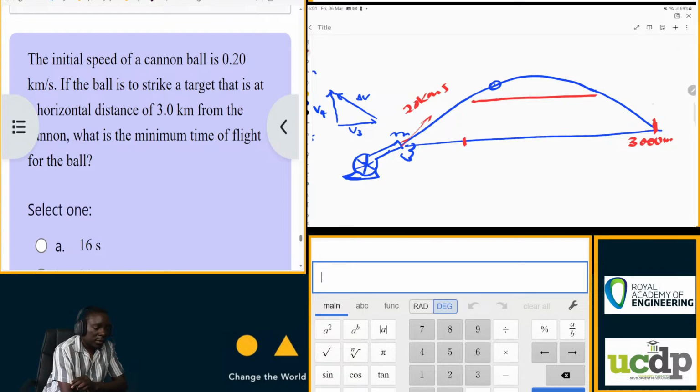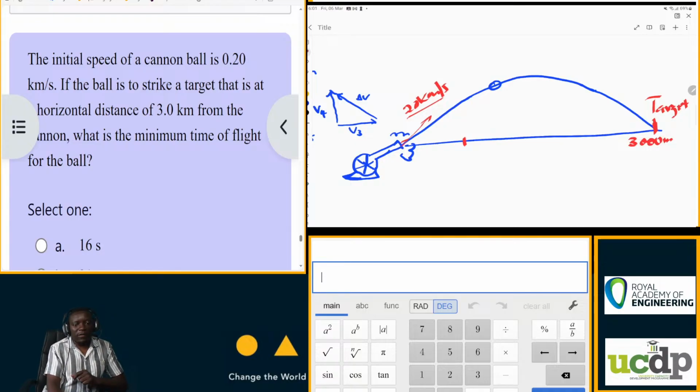The target is 3,000 meters away. So what we need to find is the minimum time of flight for the ball. This cannonball just goes there, and when it's launched at 20 kilometers per second, what will be the minimum time of flight?